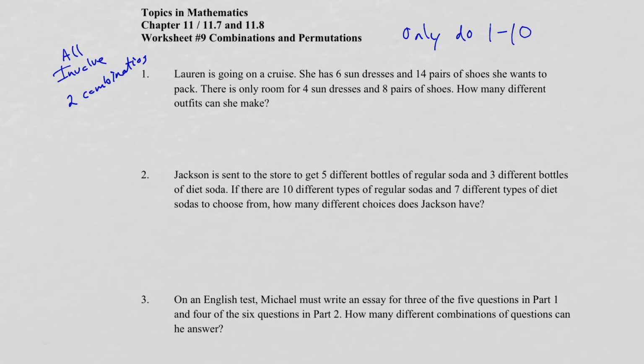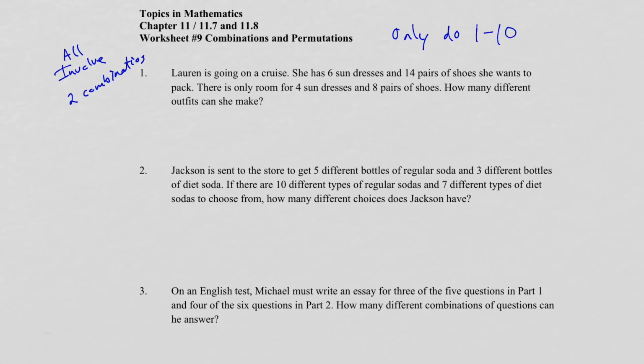Okay, so Lauren is going on a cruise. She has 6 sundresses and 14 pairs of shoes she wants to pack. There's only room for 4 sundresses and 8 pairs of shoes. How many different outfits can she make?